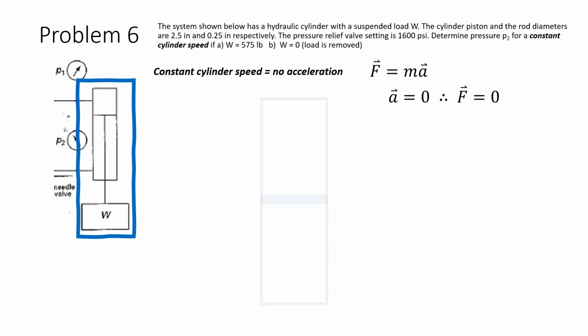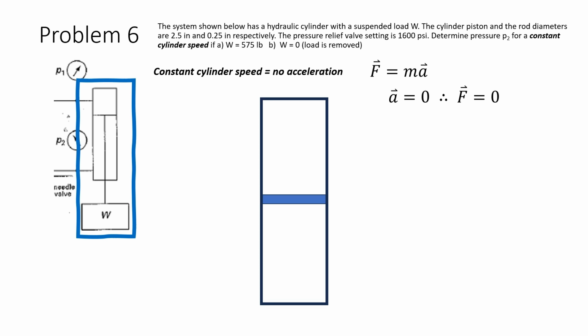So we're taking a side view of that piston in there. First we're going to have the extension force, the force due to pressure P1, working downward.